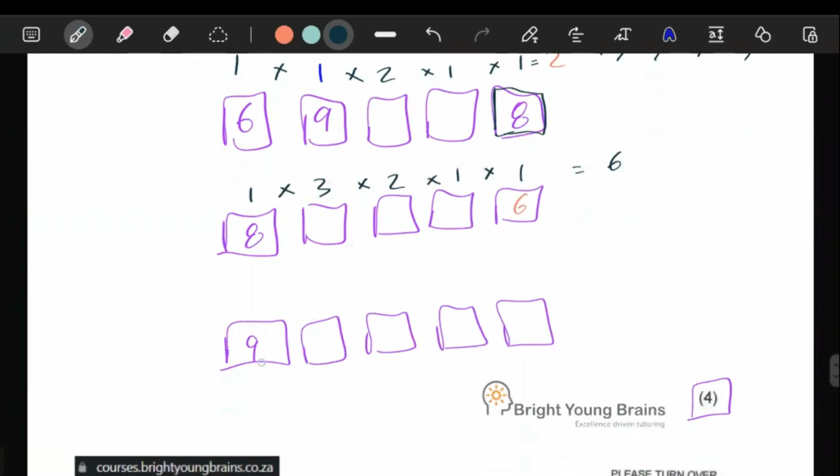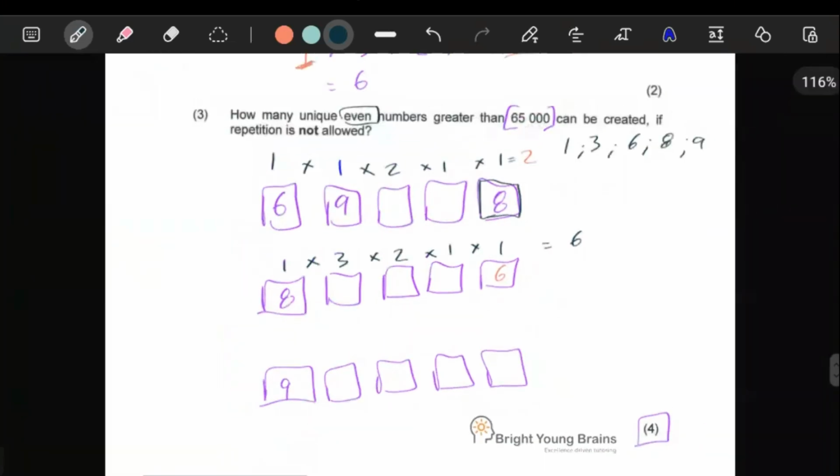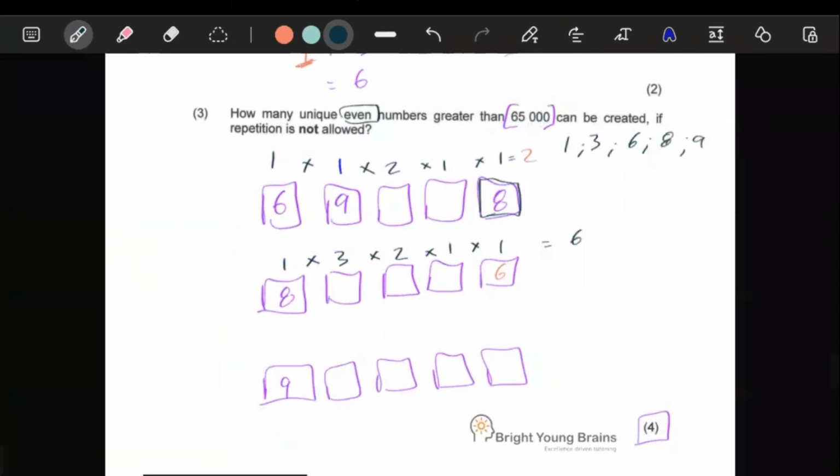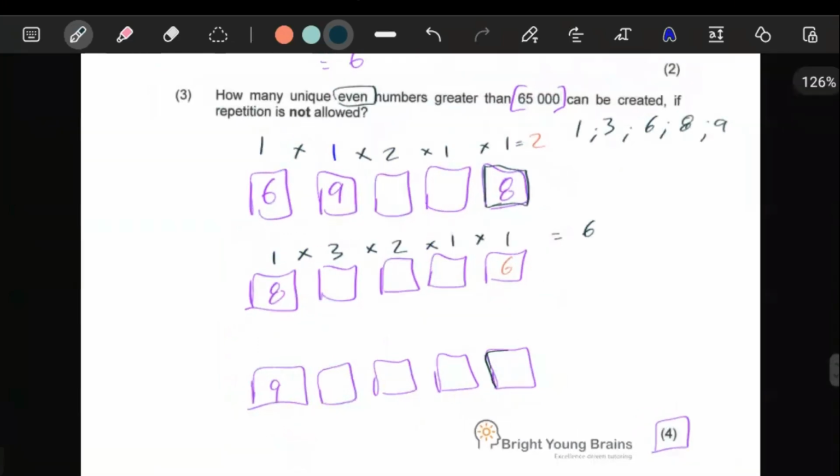Down here, if it's starting with a 9, it's automatically bigger than 65,000. But for it to be even, there are 2 options for the back here, which is the 6 and the 8. 2 options for the back, 1 option for the front. Once you put a number here and once you put a number there, there's only 3 options to consider for this one. Once you put a number there, there's only 2 options to consider.